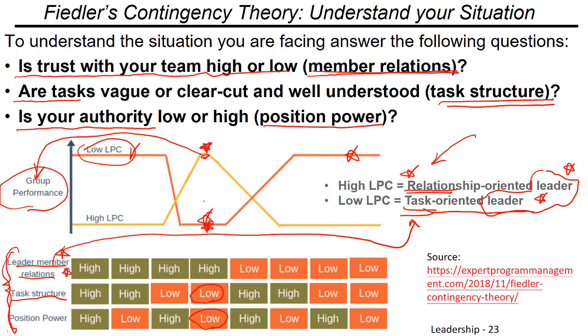So what this tells us is that if you are a flexible leader, you may need to change your leadership style depending on the situation. Or, if you're a top-level manager, assign somebody with a certain leadership style to a situation that requires such a leadership style for higher performance. So this is Fiedler's contingency theory on leadership.